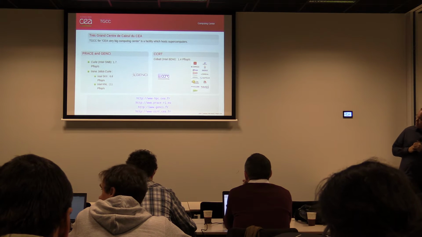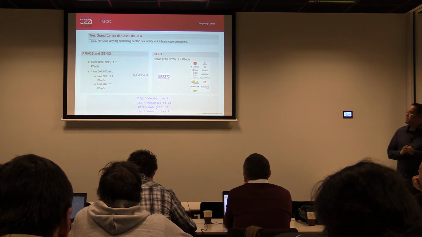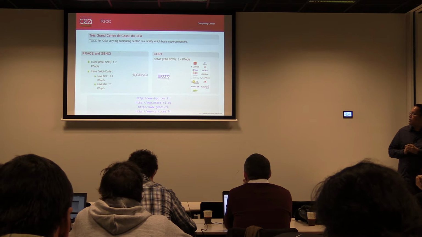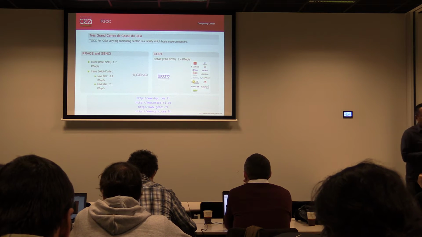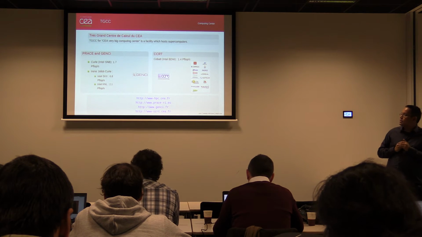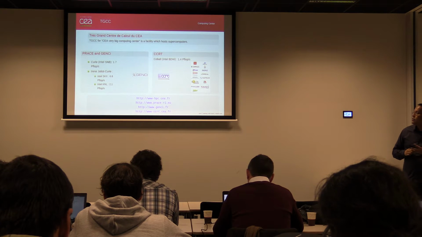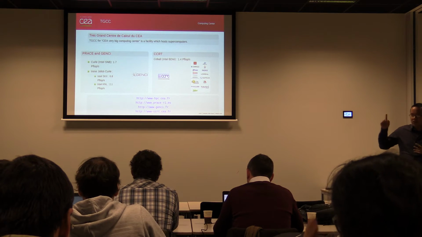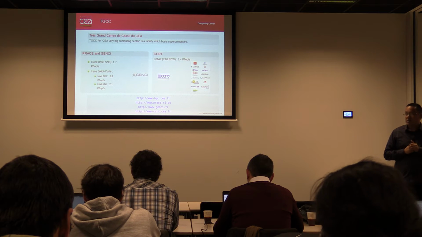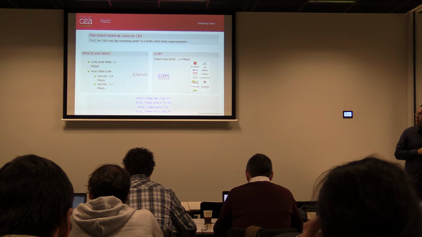I work on 2 computing centers in one facility, and for now we have 3 clusters. Curie, and the new cluster, Irene, that we are installing now, is dedicated to PRACE and GENCI for academic research.